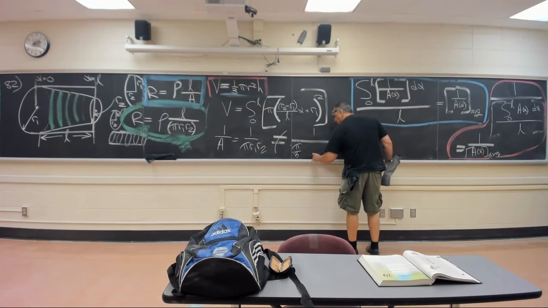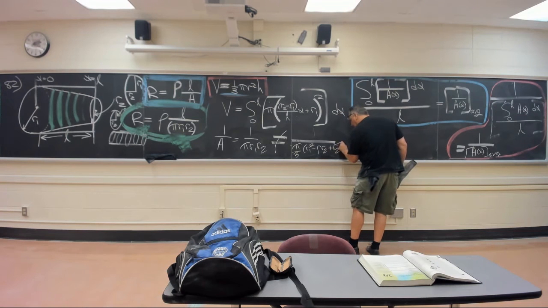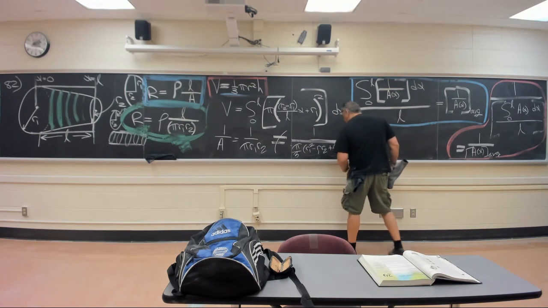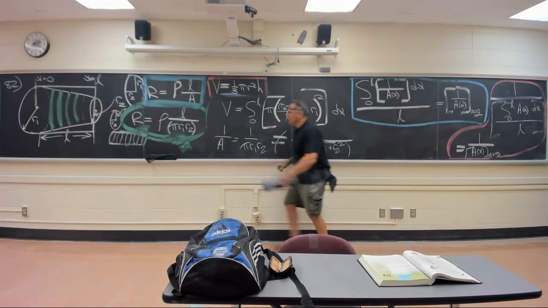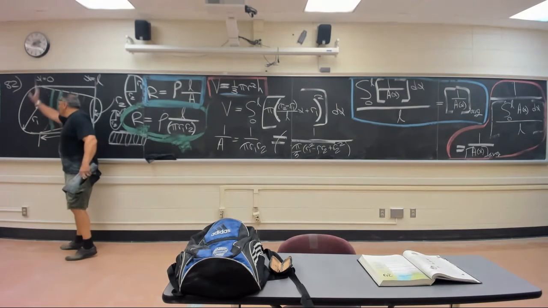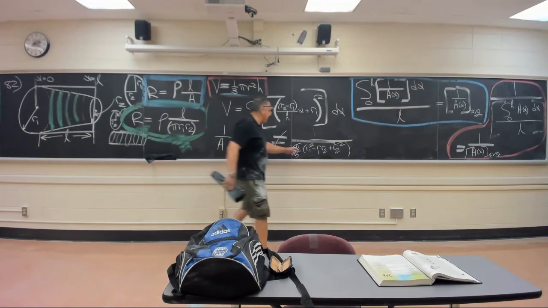Pi over 3, we had the R1 squared minus R1 R2 along those lines. Remember, this was the average cross-sectional area of this guy.